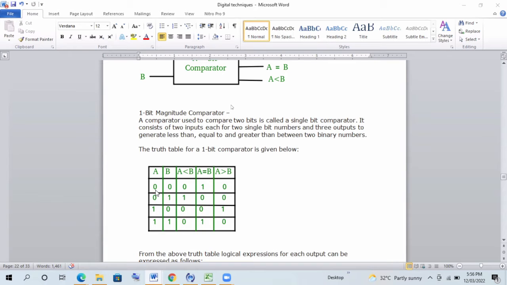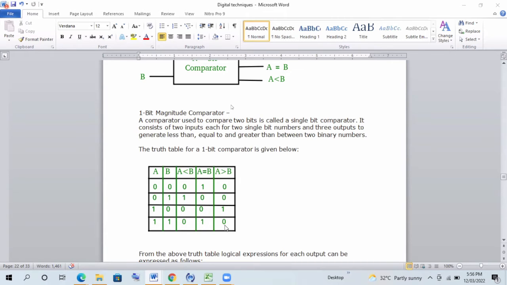For A is equal to 1 and B is equal to 0, the A greater than B output is 1, and A less than B and A equal to B output is 0. For A is equal to 1 and B is equal to 1, A is equal to B output is 1, and A less than B and A greater than B output is 0. Okay. So in this way we can see the truth table for the one bit comparator.